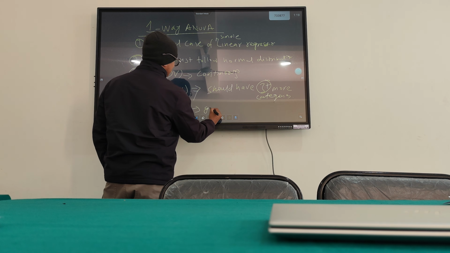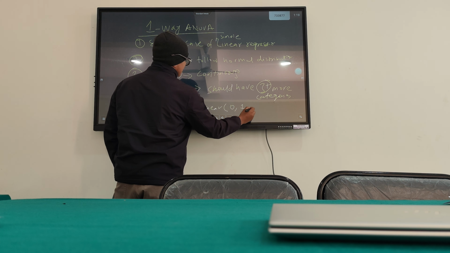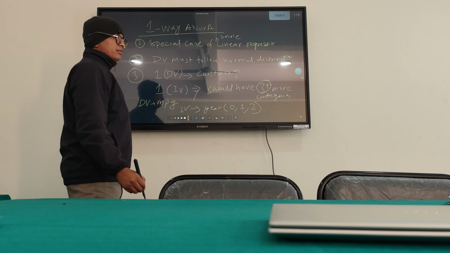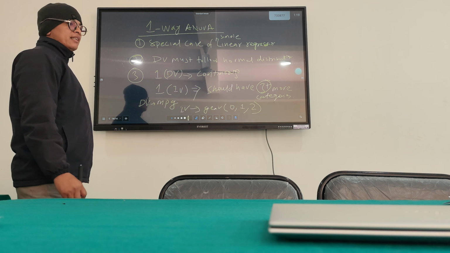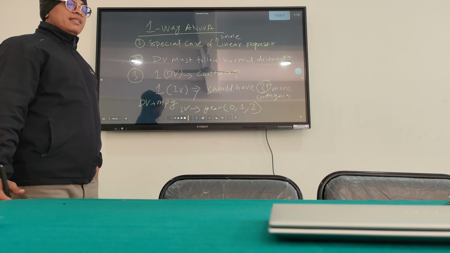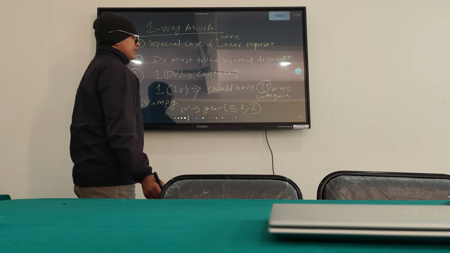Gear, right? 0 automatic, 1 manual, and suppose 2 is off or something, right? No gear at all. Maybe a scooty does not have a gear, right? So consider that. 0 means automatic.